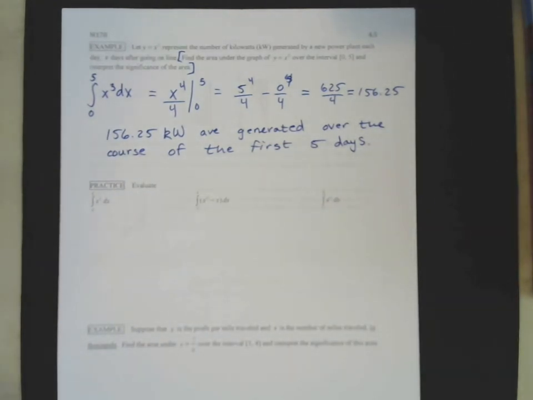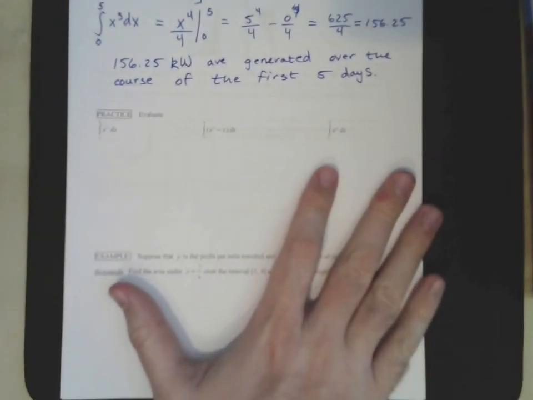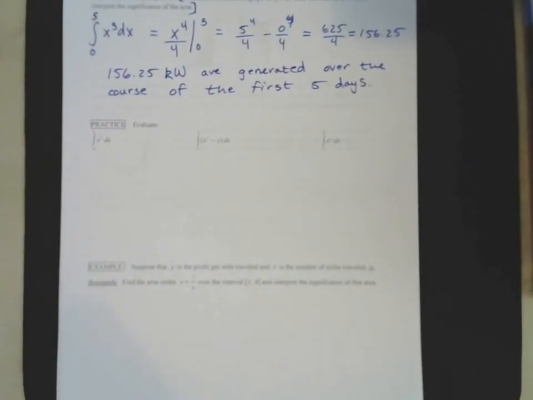And so that's how we can interpret an area that we calculate. If it represents a certain value, then it tracks the total amount that's ticking up across whatever interval I have. In this case, 0 to 5 days, over the first 5 days.